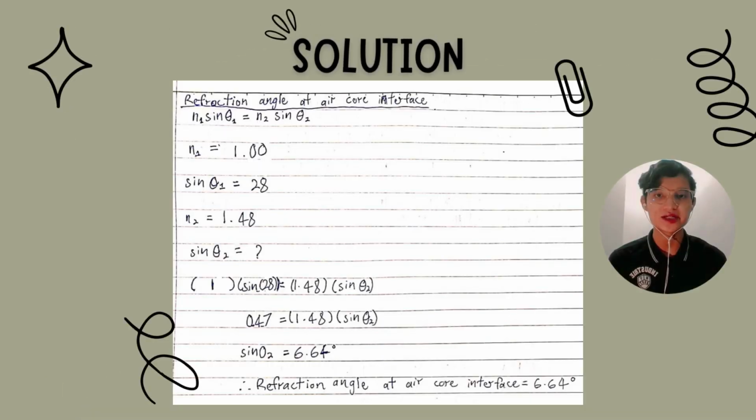Okay, so here are the solutions that I have come up with. First, we will start with the refraction angle at the air core interface. For this, I have used the Snell's law formula. The answer that we got from using Snell's law is 6.64 degrees.